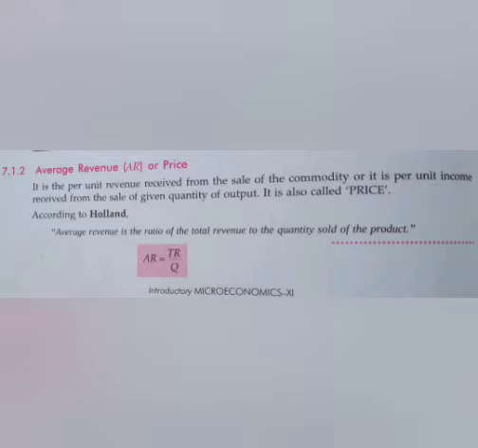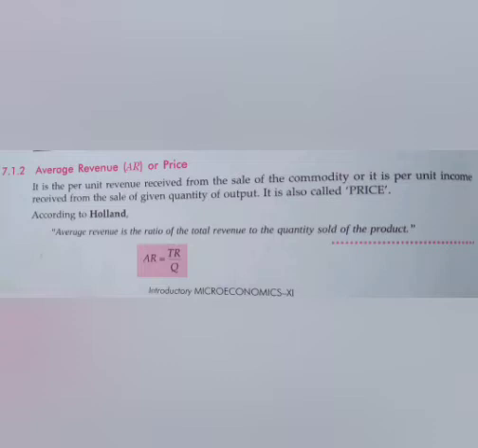Average revenue means the money that we receive after selling each unit of a commodity. Average revenue is also equal to the price. Why? Because if the price of a given commodity is 9 rupees, the average revenue will also be 9 rupees.